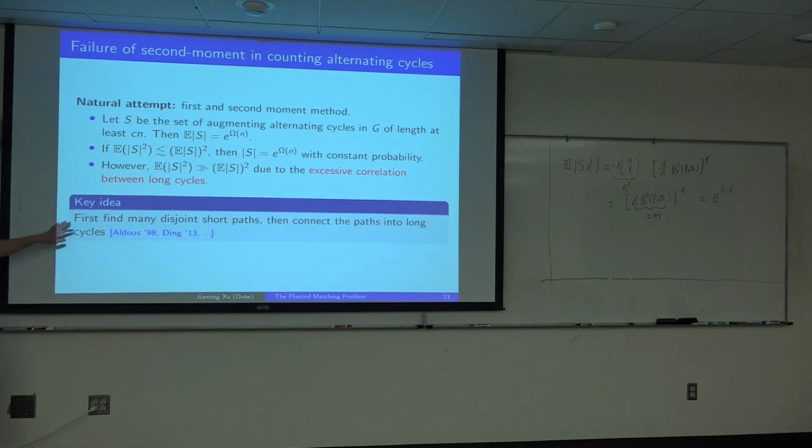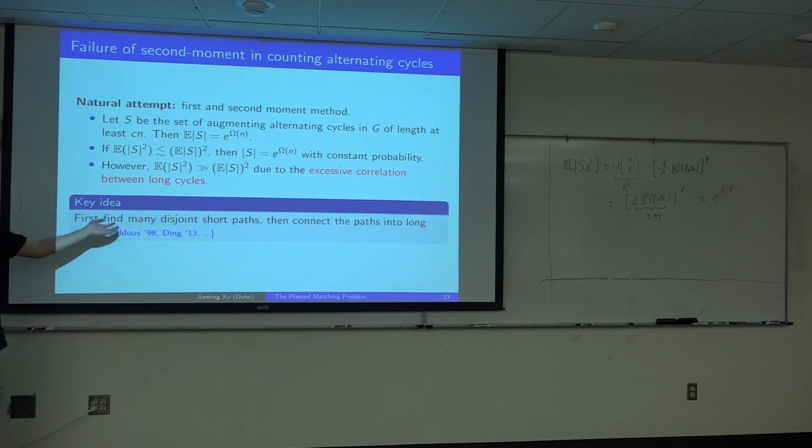Okay, so here is our new idea. Basically, let's not try to find this cycle in one shot. Instead, let's try to break it into two steps. The first thing is that, remember we talked about how these long cycles are correlated because they tend to overlap a lot, right?